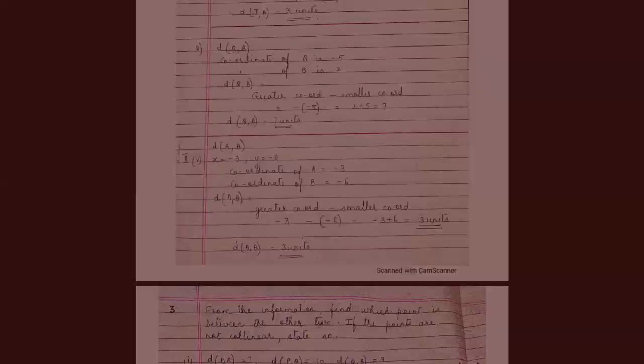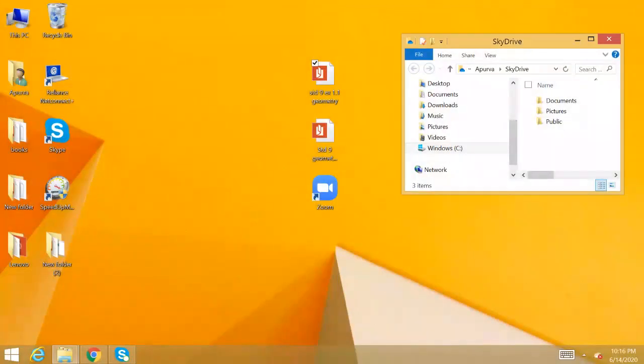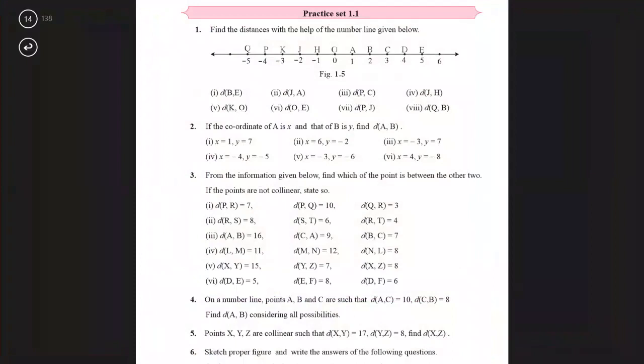All right. Now we go to question number 2. Question number 2 says, if the coordinate of A is X and that of B is Y, find distance of AB. Now it's exactly similar to the first one. What is given?